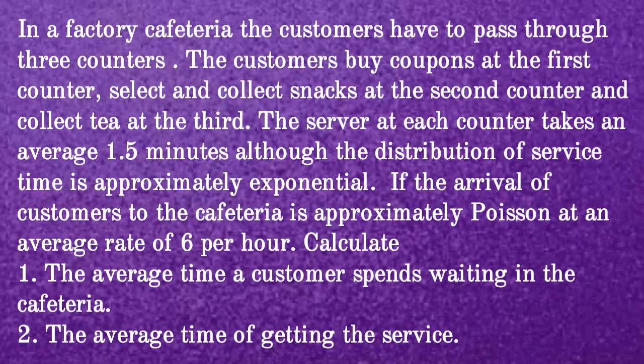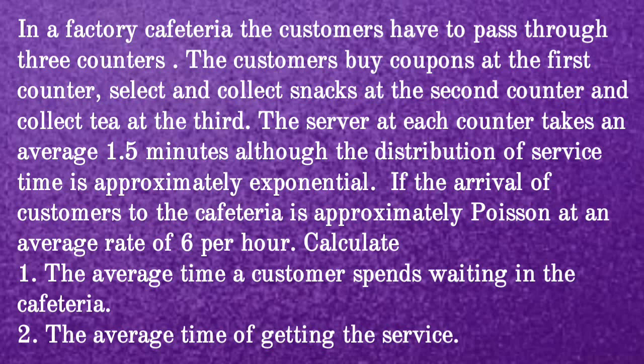First question. In a factory cafeteria, the customers have to pass through 3 counters. The customers buy coupons at the first counter, select and collect the snacks at the second counter, and collect tea at the third. The server at each counter takes on an average 1.5 minutes, although the distribution of service time is approximately exponential.